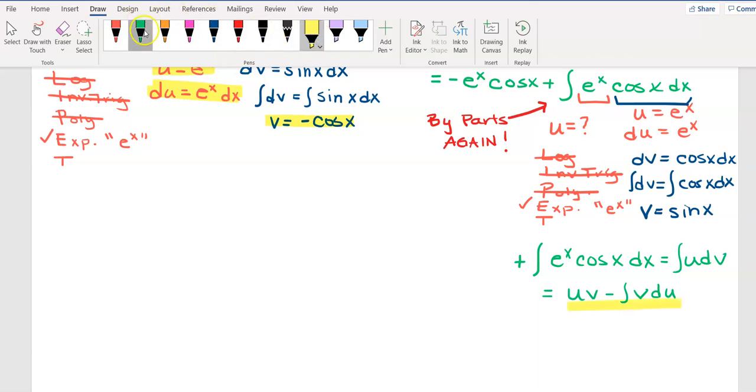All right, so let's go ahead and plug in those important pieces. And again, I'll highlight those important pieces. So we need u, dv, and v. So we're going to go ahead and plug in. So our u is e to the x, and our v is the sine of x minus v, which is our sine of x, times our du, which is e to the x.